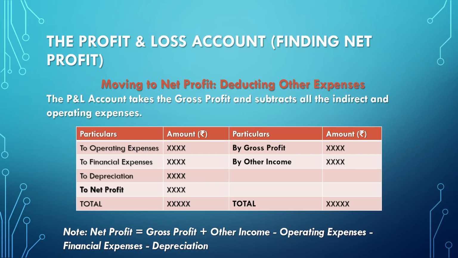Then all the operating expenses, like salaries to staff and marketing expenses, are taken here. And then we also enter the financial expenses, such as bank charges and interest paid.